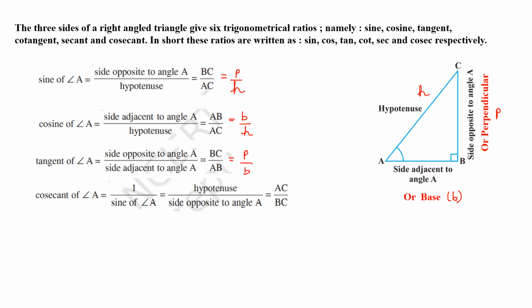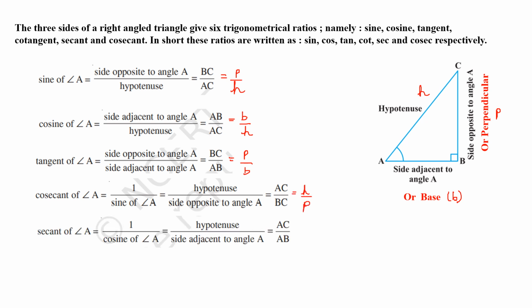Now next is cosecant. Now cosecant is the reciprocal of sine, isn't it? So I have written 1 by sine of angle A. And when we take the reciprocal of this, it will become hypotenuse by side opposite to angle A, which is AC by BC. And it can be further written as H by P. Next is secant.